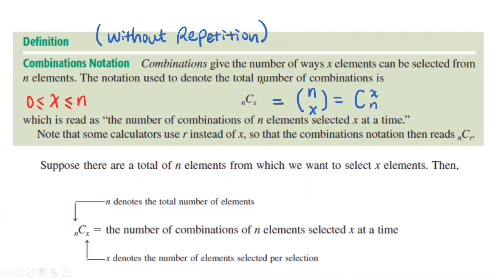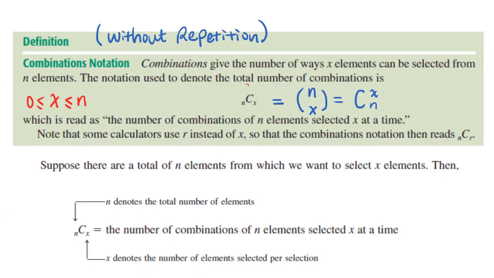There are three ways to denote the combinations. In this class, we usually use this notation. However, if you see the second or the third notation in other books, they are the same thing.